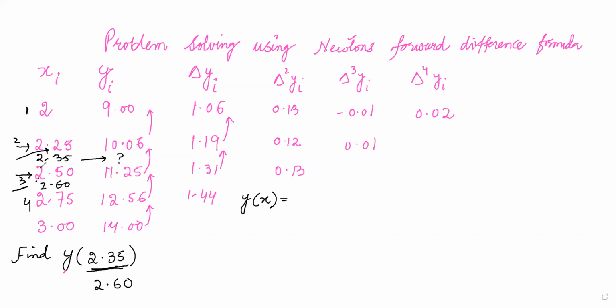So our formula will be y of x is equal to y2, y2 means the second value we are taking. We are taking the forward difference from the second entry of the table.